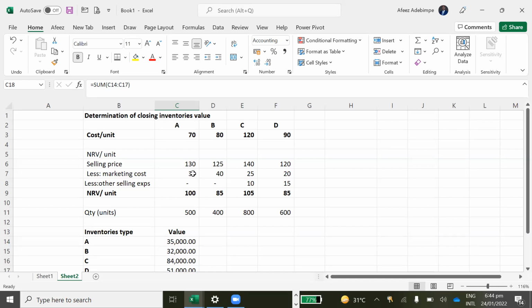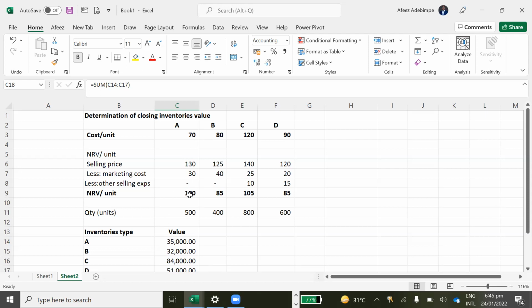In this case, we have selling price per unit. In doing that, we have NRV to be 100 for A, 85 for B, 105 for C, and 85 for D. Don't forget the lower of these two values will be used in computing our inventory value.